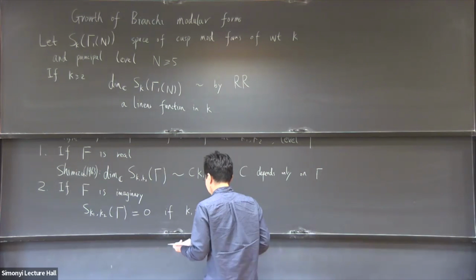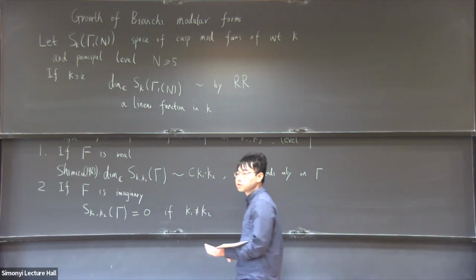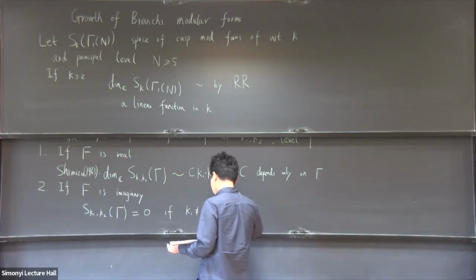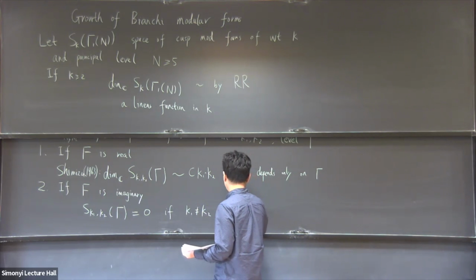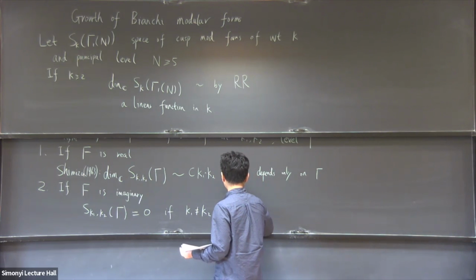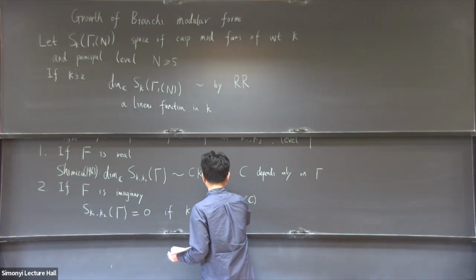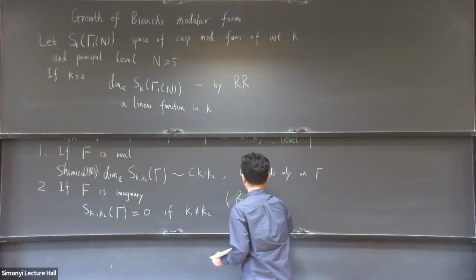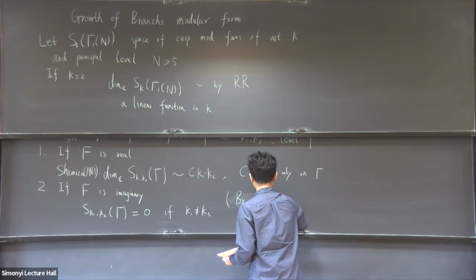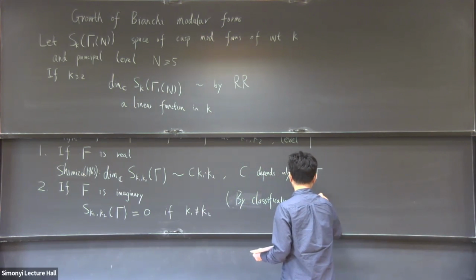And this is because these cohomological forms come from unitary representations of SL2(C), and there is a classification of unitary representations of SL2(C).